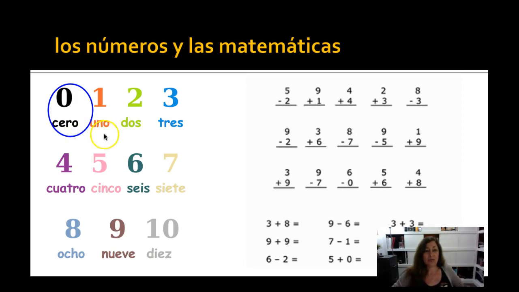Same thing is true over here. I say cinco, which is perfectly fine, Castilian Spanish, cinco, like a TH at the beginning, or a lisp is kind of what it sounds like. You could also say cinco with an S sound. Here it is again, diez with a TH at the end, or diez, like an S sound.